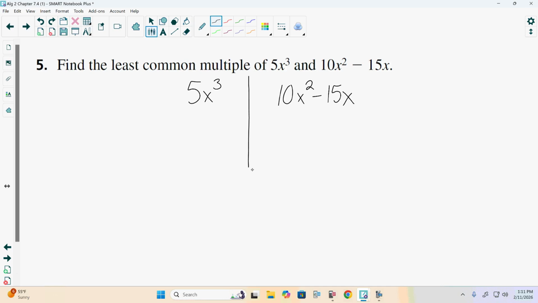We can't go through that. But is there a greatest common factor between 10x squared and 15x? 5 and x. Because if we factor 5x out of 10x squared, 10 divided by 5 is 2. And if we factor 1x out of x squared, we get x minus. If we factor 5 out of 15, 15 divided by 5 is 3, and the x factors out completely.